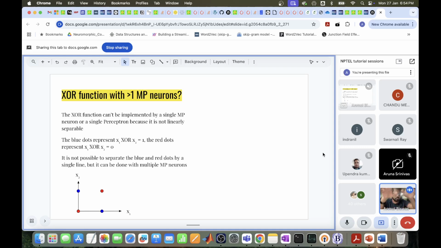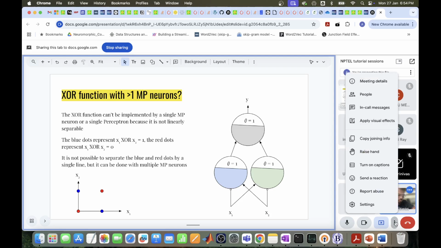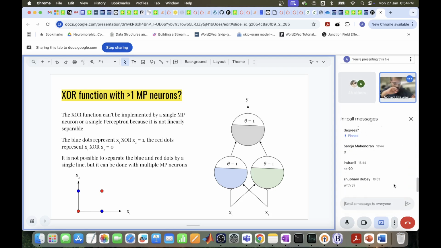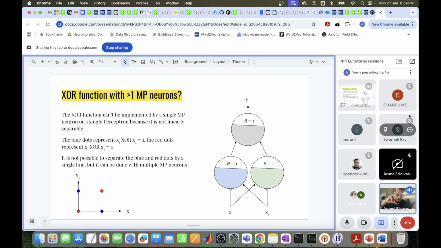Then you can fill in those linearly separable functions, and with multiple McCulloch neurons you can build out this function. As someone mentioned in the chat, it is possible with three McCulloch neurons.